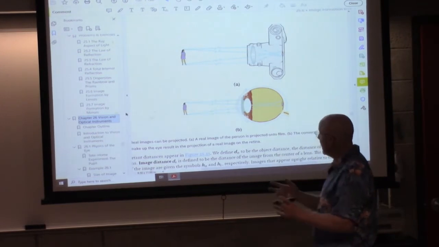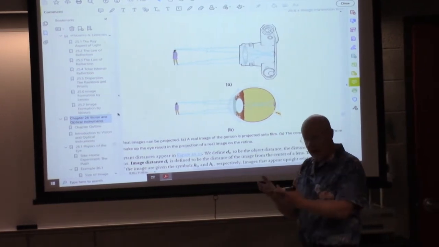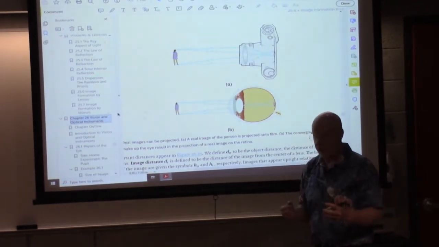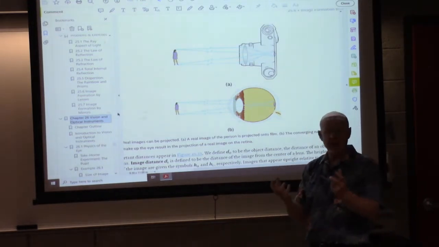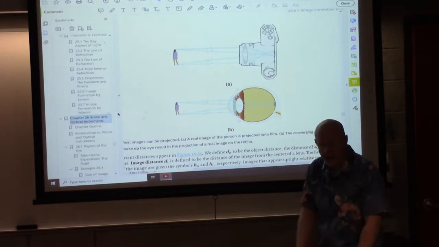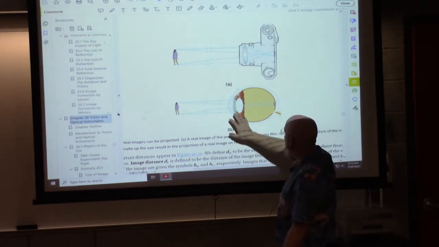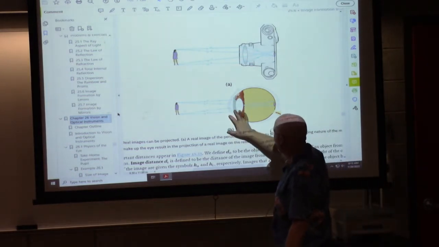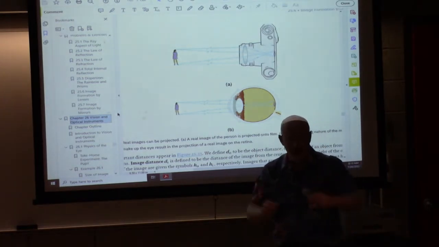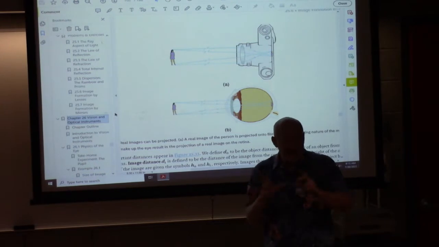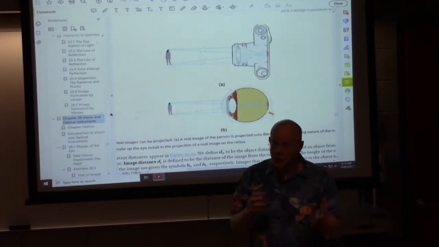He says that when you're using the eye, because there are all kinds of species that work basically the same way, the light comes in and has a bending, a refraction.